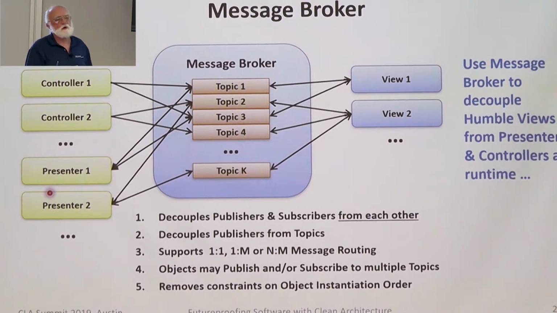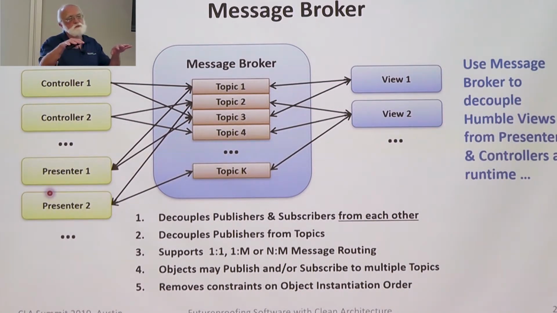Okay. And the way you separate controllers from views and from presenters, one of the good ways I use is a message broker. I think I presented it back in 2016 at the summit. You may want to review it. So what it essentially does is a topic-based publish-subscribe mechanism. And in my reuse libraries, I use it for routing messages between apps or SKUs.